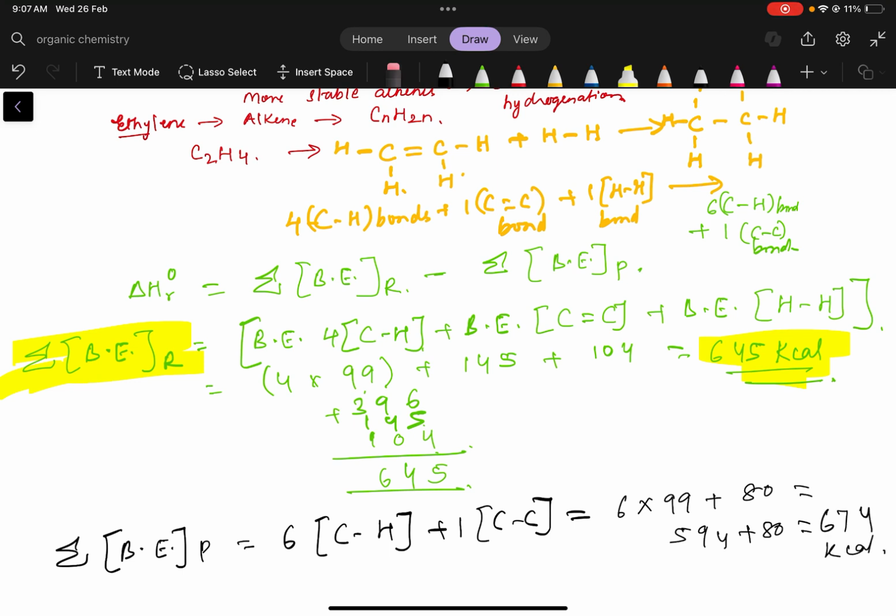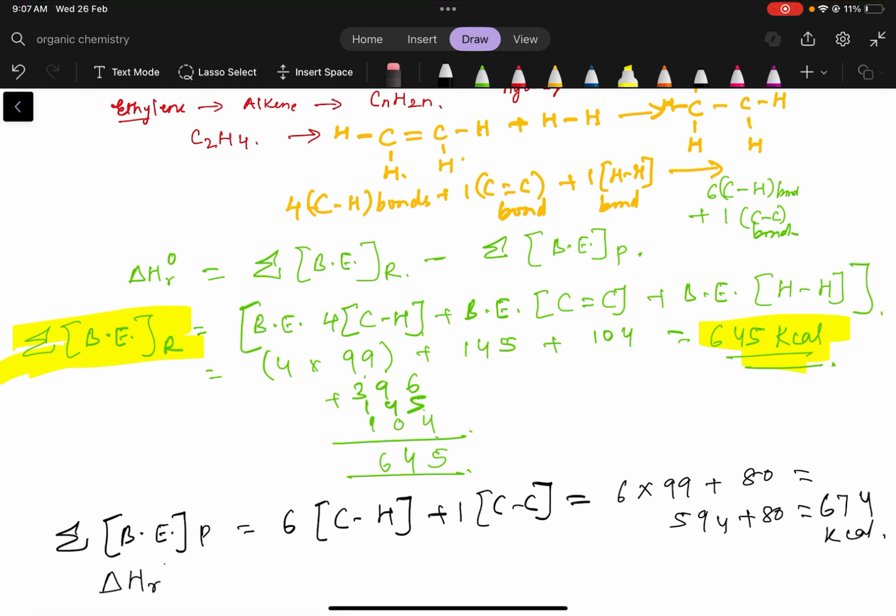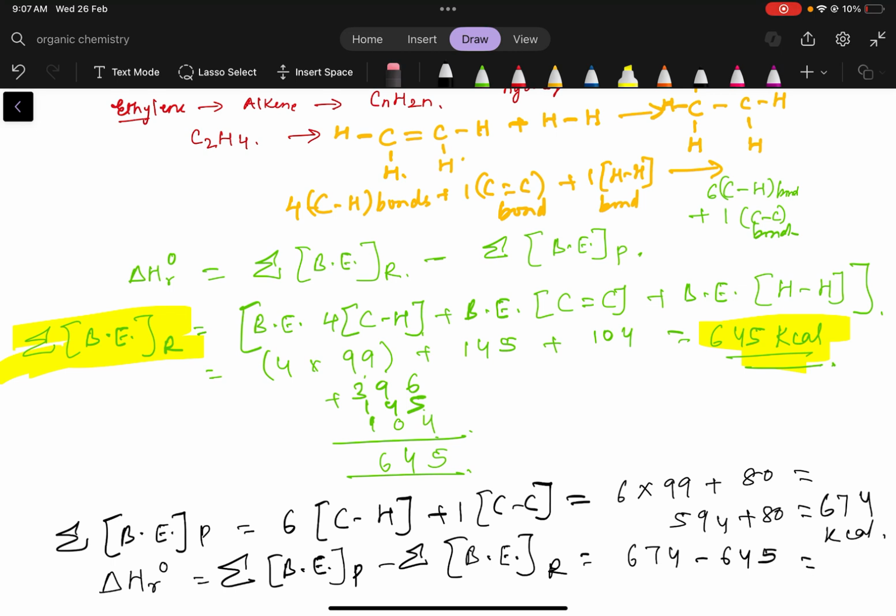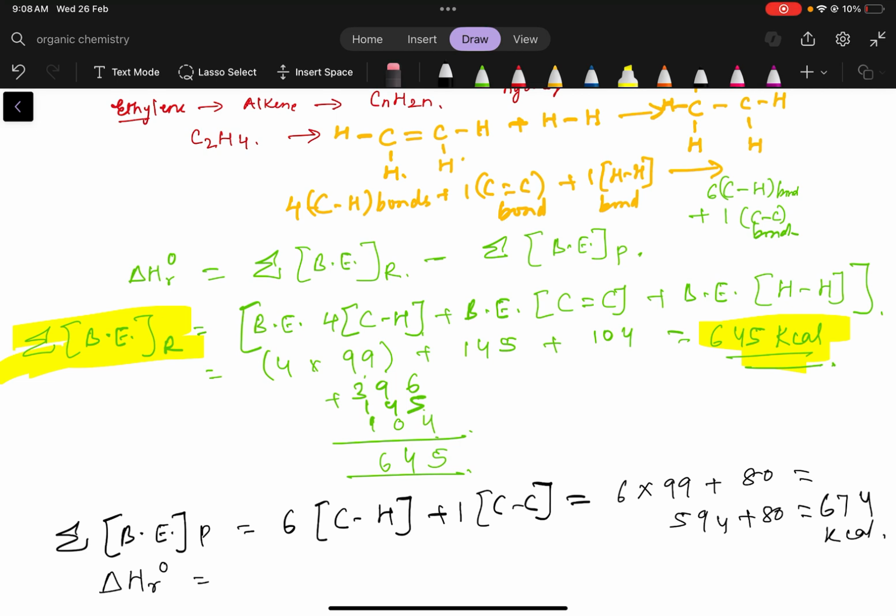674 kilocalories. Now the delta H, sorry, since it is in terms of bond energy, it is sum of bond energy of reactants minus bond energy of products, which is equal to 645 minus 674.